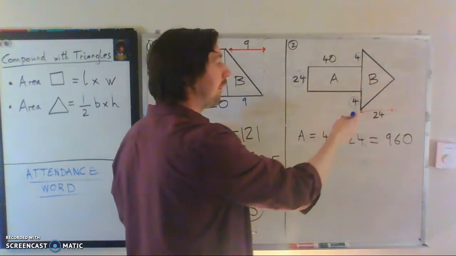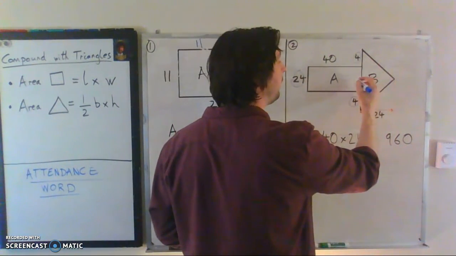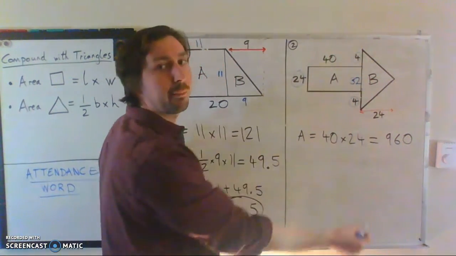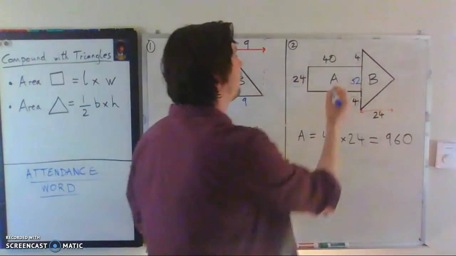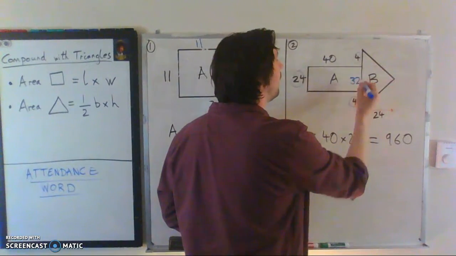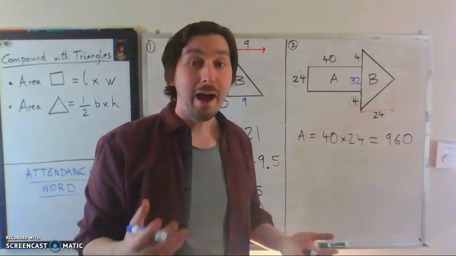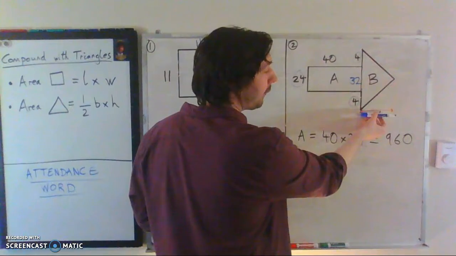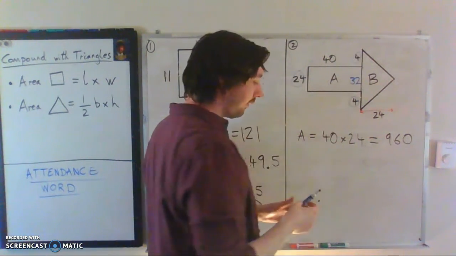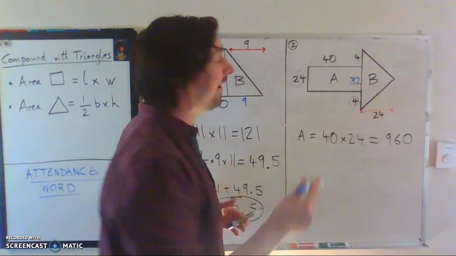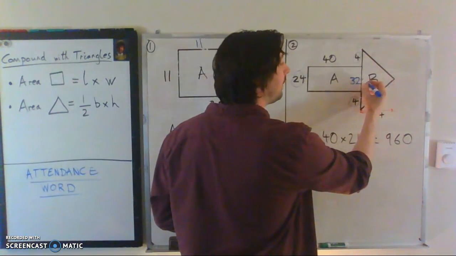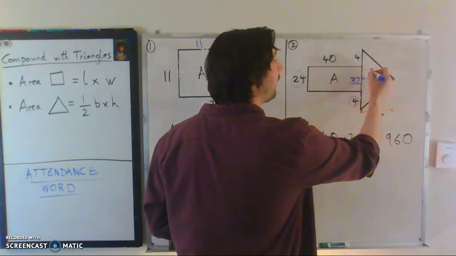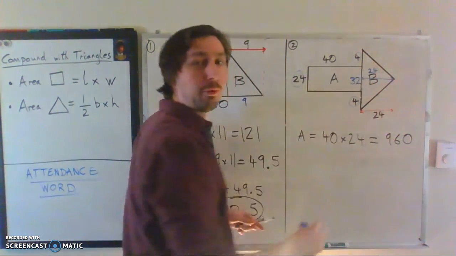So the whole of the base is 32, from top to bottom. And then I need a height for this. And they've given you the height. See down here, they've got a 24. So for triangles, the height is kind of from tip to toe. And they've given you that as 24.